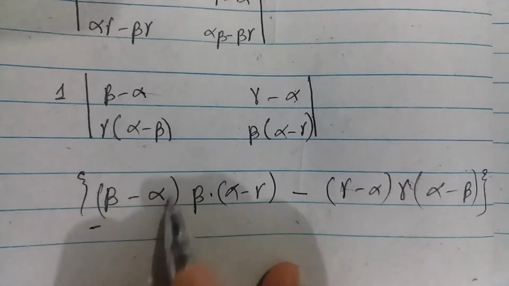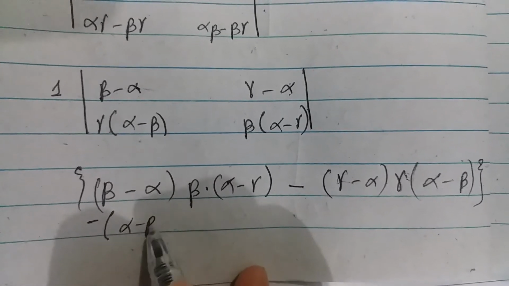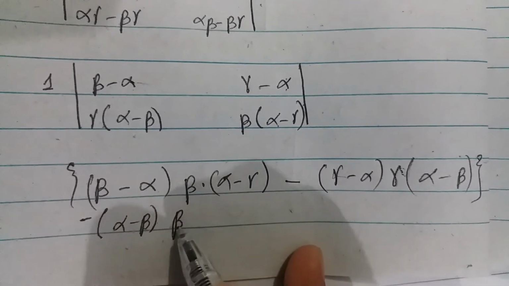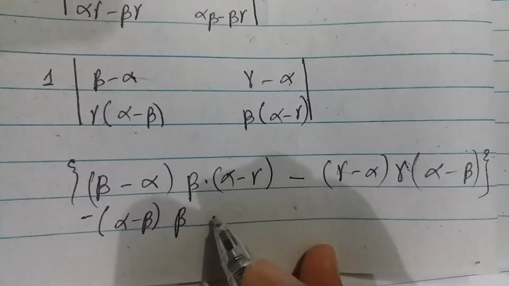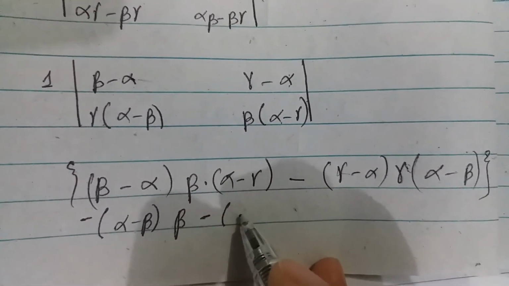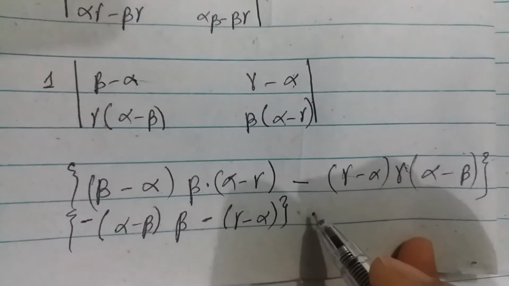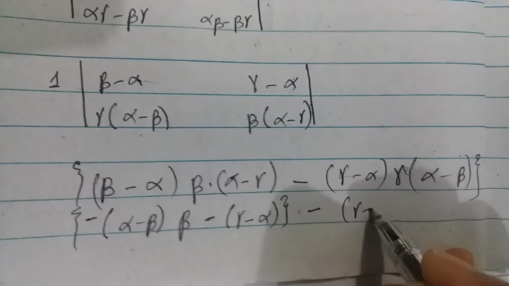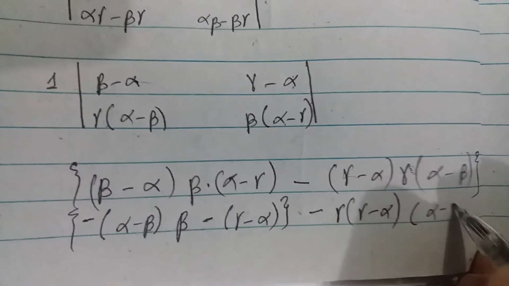So this product term is converted into alpha minus beta, minus beta as it is, and then alpha minus gamma. Now from this side we take common, then it is converted into gamma minus alpha, minus gamma minus alpha, and this gamma can be written like here, alpha minus beta.